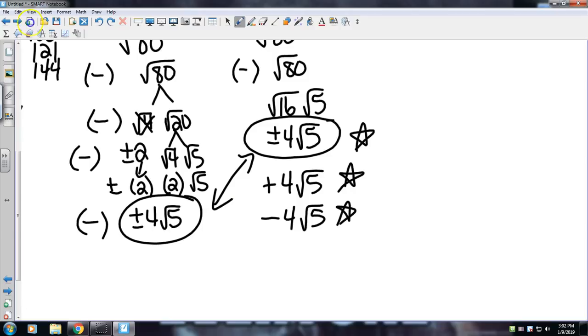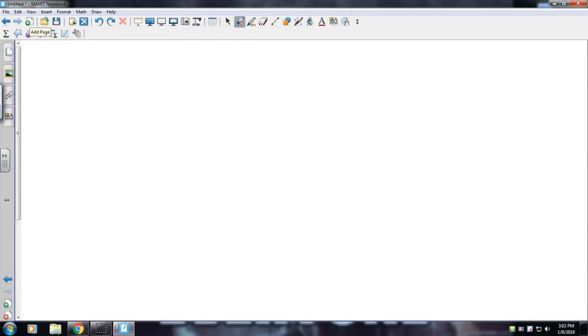Okay, so now let's take that one step further and let's multiply a couple of radicals and then see if we can simplify those. So, let me see if I can find a good one. Oh, you know, I've got something else.